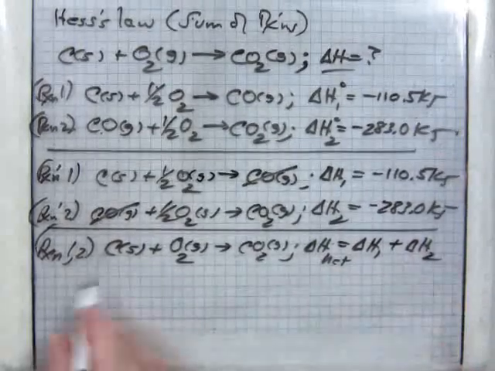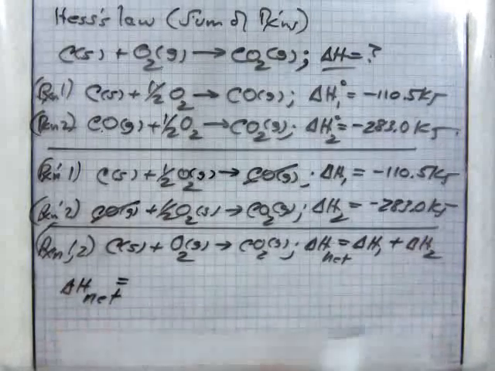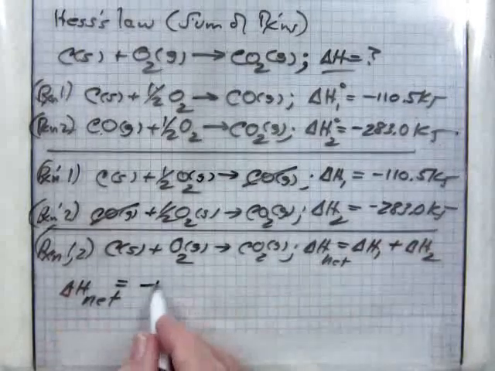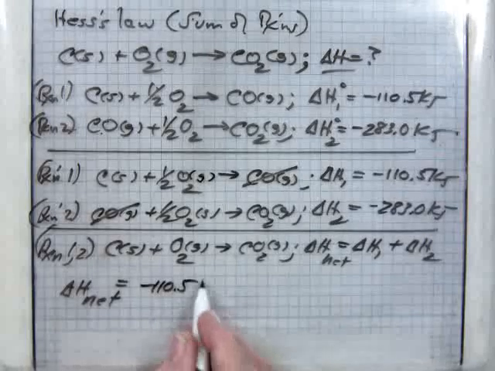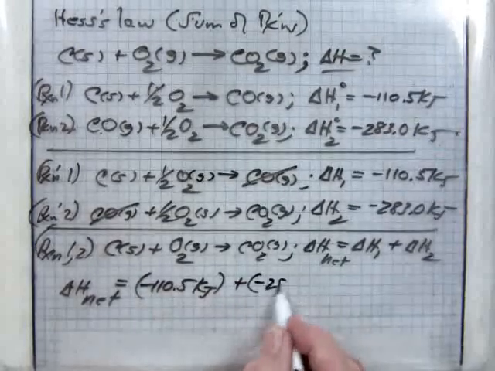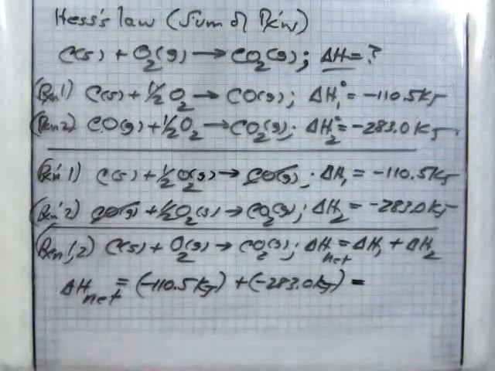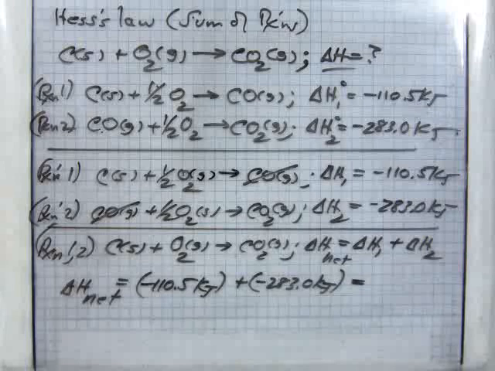And so I sometimes come over here because of room. It is equal to delta H1, which is minus 110.5 kilojoules, plus minus 283.0 kilojoules, and of course that adds to a negative something or another.